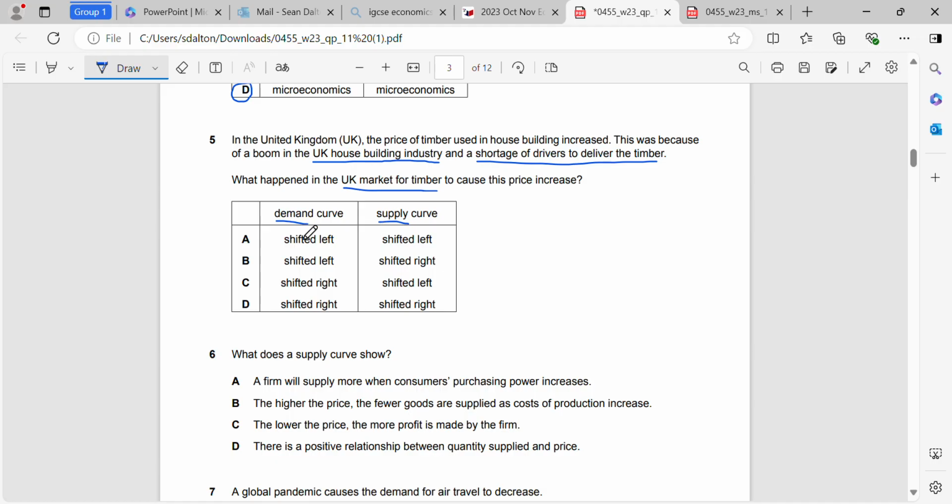So the demand curve for timber will go right. It will increase. If we're building more houses, we need more timber. And there's a shortage of drivers to deliver the timber. So the supply curve would go left, because even though we're demanding more, we are supplying less.